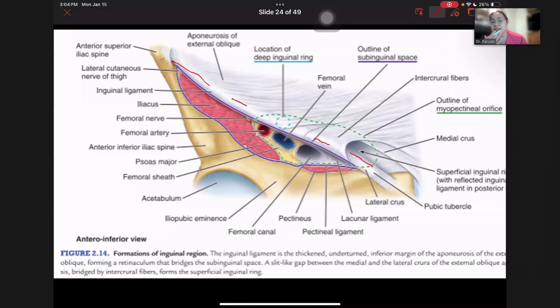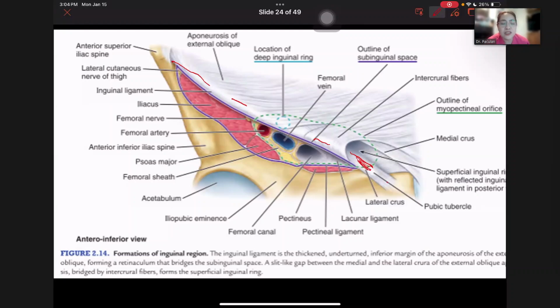Okay? This figure that you're seeing on your screen is lifted from Moore and illustrates the inguinal ligament. Here you can see that the ligament's medial end inserts into the pubic tubercle. So this is the medial end.